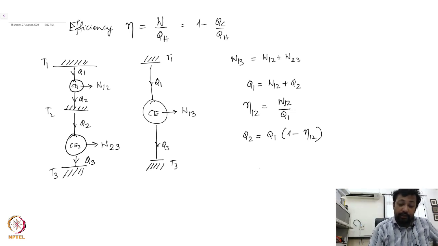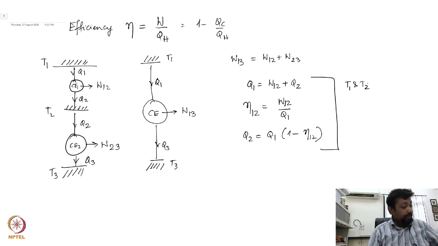This follows from the engine which works between T1 and T2. What happens for the second engine? Let's briefly draw this again. Q1, CE1 does a work W12, Q2; the second one again takes a heat Q2, does a work W23 and dumps a heat Q3.